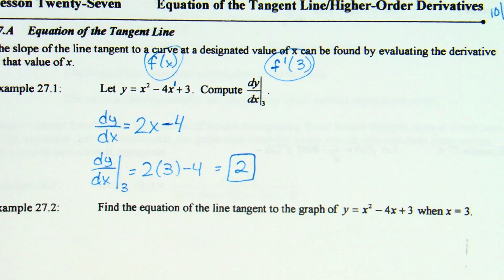So the idea: it's a parabola, and a slope of 2 might happen here. There's the tangent line for that point. We're saying the slope of this line is 2, and the x value of this point is 3.